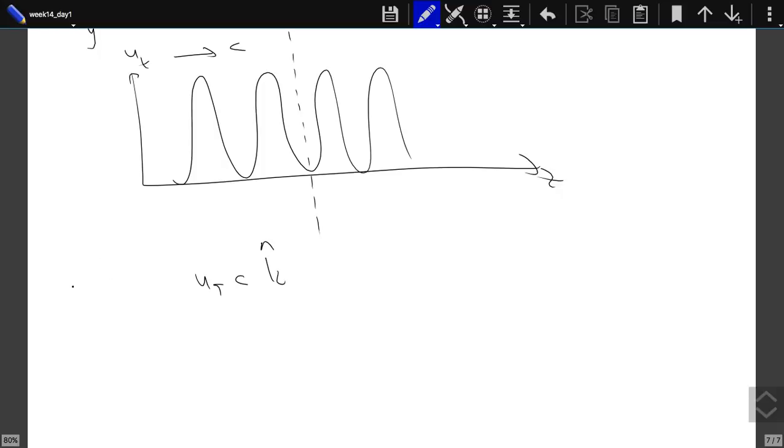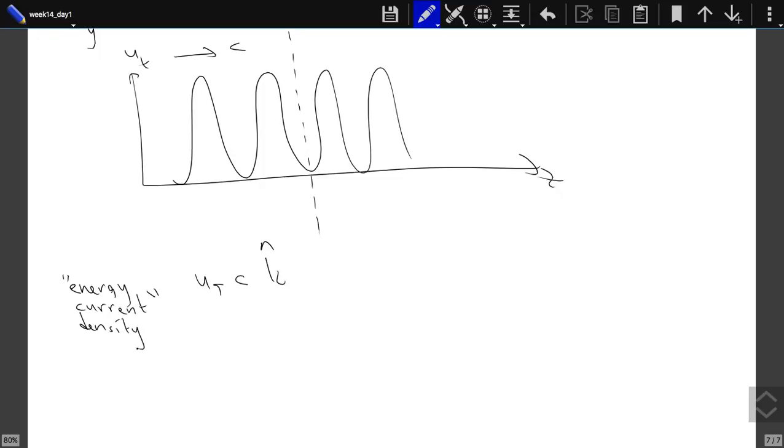This is the energy, let's say, energy current. It's not the electric current, it's the energy current density.